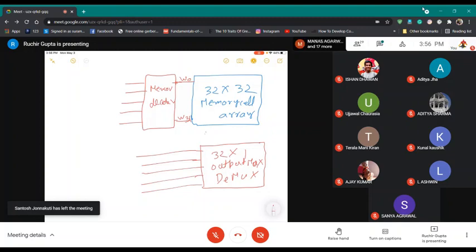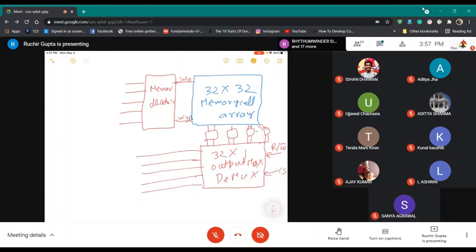And here you'll be having read and write or sense or write circuitry. Those also will be 32. And of course, here you will be having a command for R, W bar. And there is another thing that is called chip select, so CS. So chip select will be there.